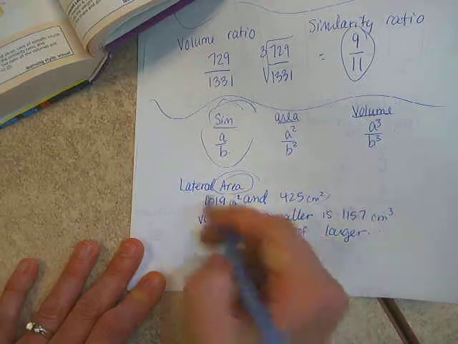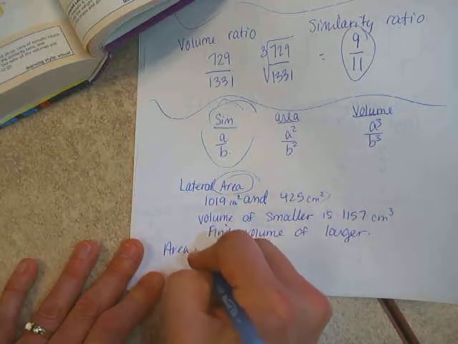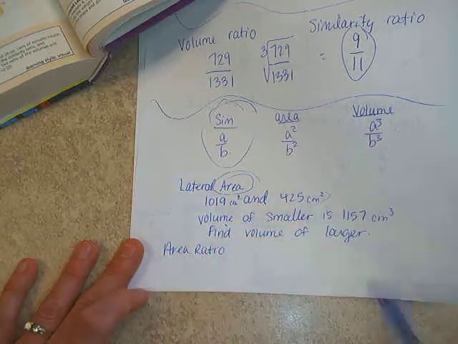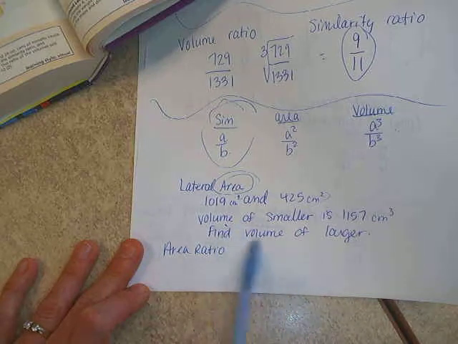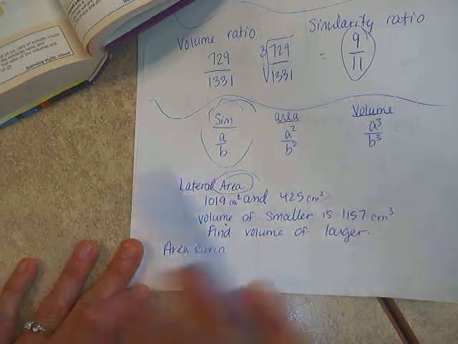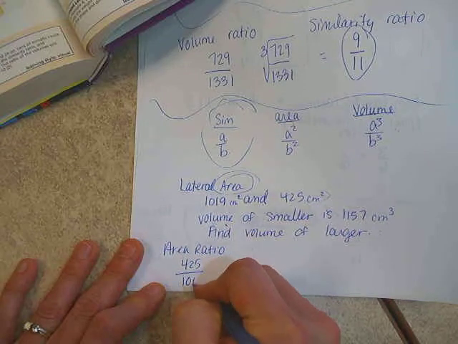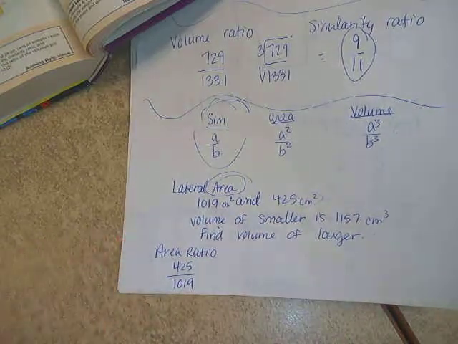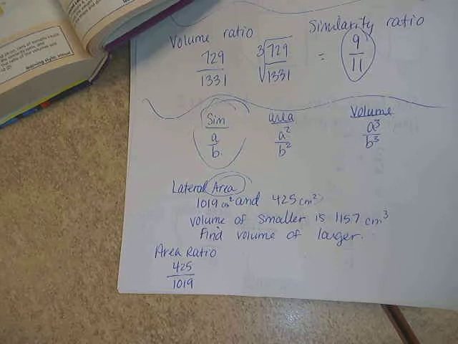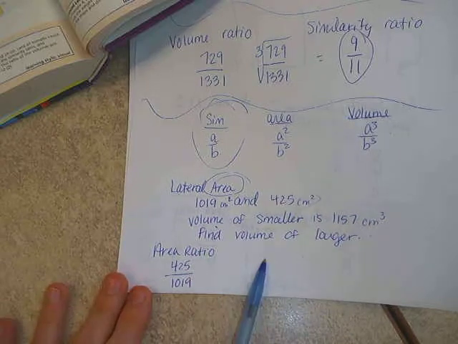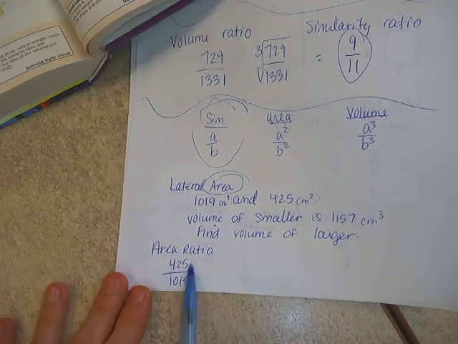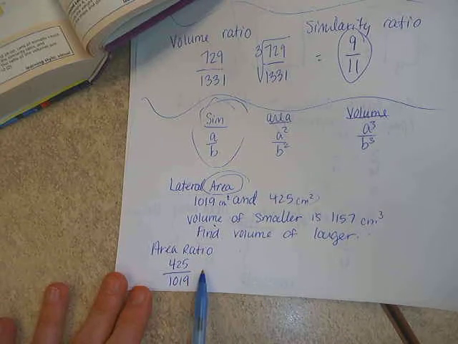Find the volume of the larger. All right, so you're going to start out with a ratio, and these are areas, so we start with an area ratio. If you want to go smaller to larger, be consistent that way. Let's do 425 over 1019.